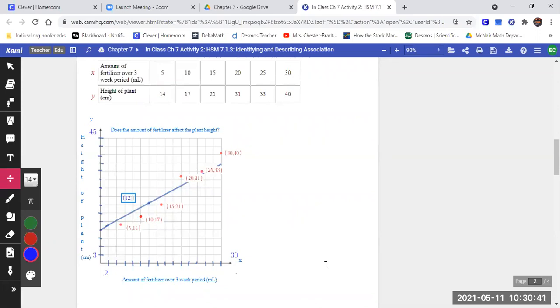Since it's a little bit higher than 21, what are we going to say? What's a little bit higher than 21 as a whole number?